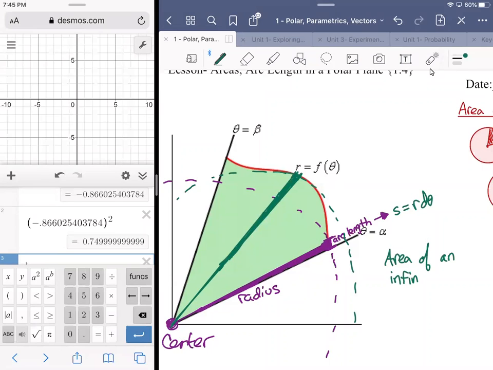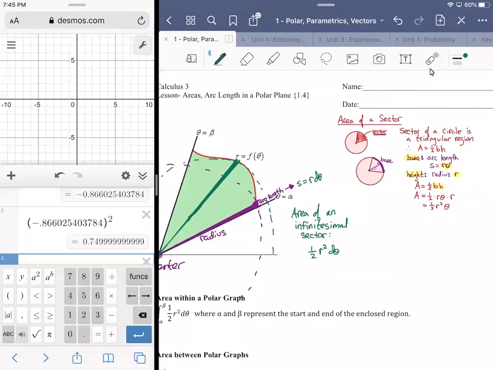I say the word often enough, you'd think I know how to spell it. That would be 1/2 R squared d theta, all right?